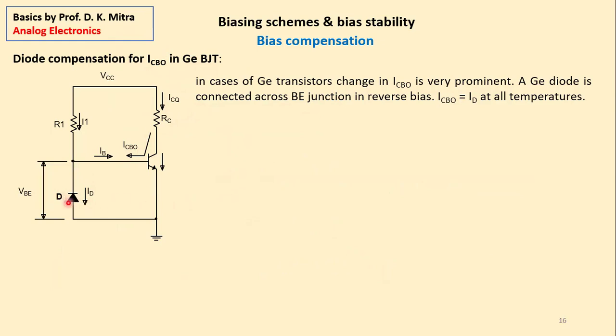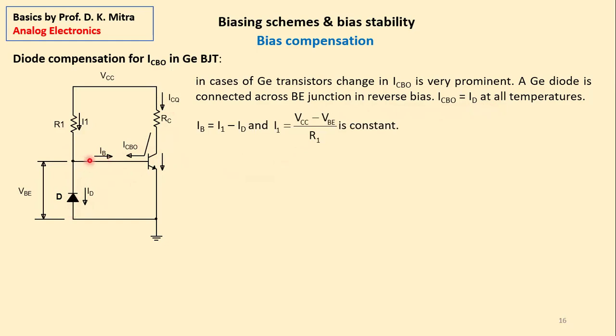So a germanium diode of exactly the same properties is kept in reverse bias here, right? In reverse bias, ICBO is equal to ID at all temperatures. This reverse current goes through this reverse diode, so ICBO is through ID at all temperatures.